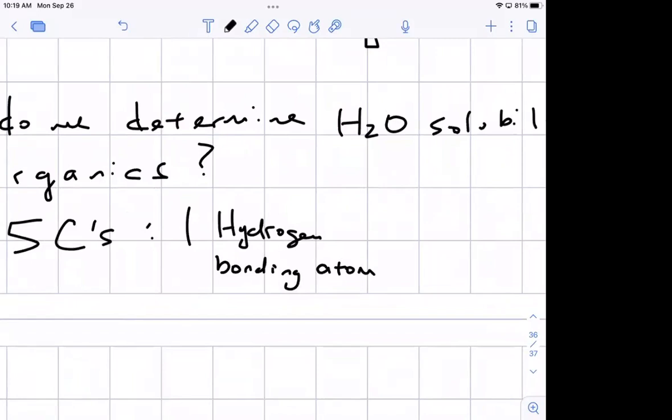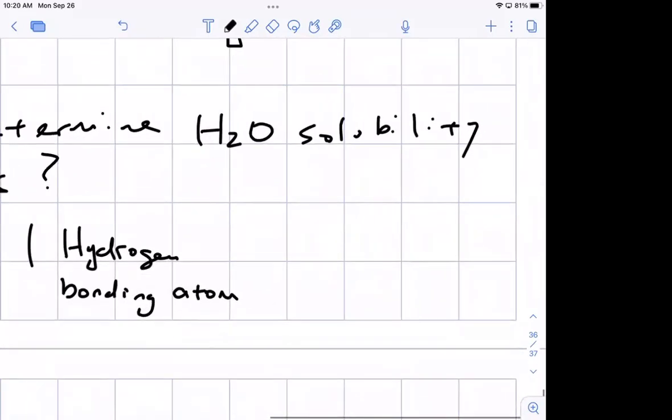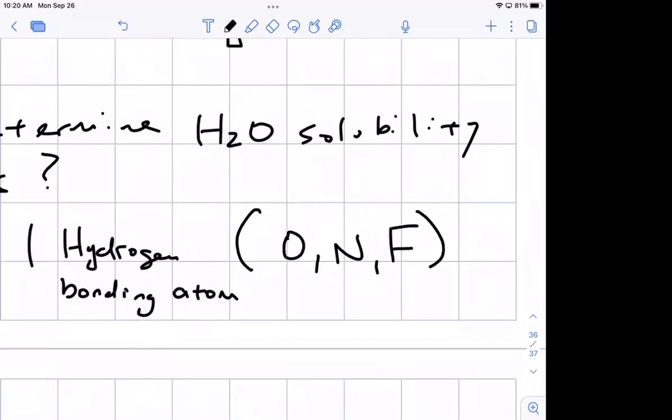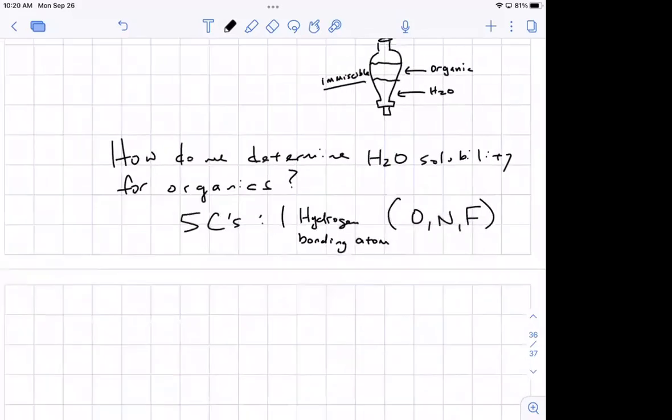There's some 3 specific atoms that can hydrogen bond with water. It's oxygen, nitrogen, and fluorine. So these atoms are O, N, and F. In the video, I tried to make it like a little mnemonic, HNOF, so heck no, fool, something like that. But just to help you remember that it's oxygen, nitrogen, and fluorine.